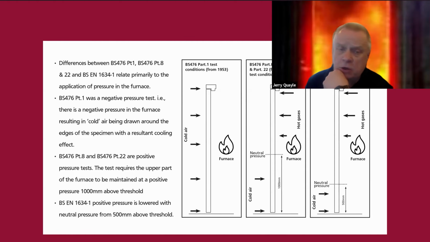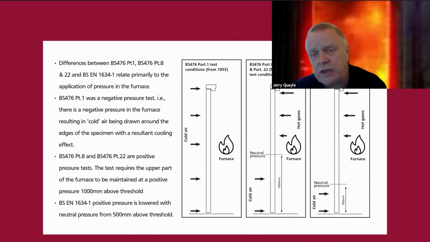Now, the Europeans decided that they wanted to have their own test, and that we should be complying with them. And I won't go into the politics surrounding that. So extensive research was undertaken theoretically, and they decided to use the ISO 834 curve, which continues to be in place.